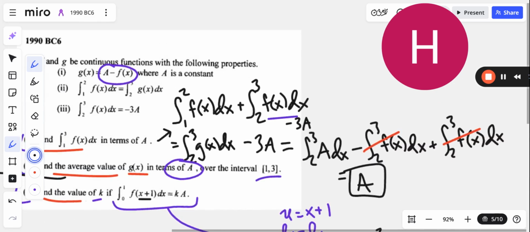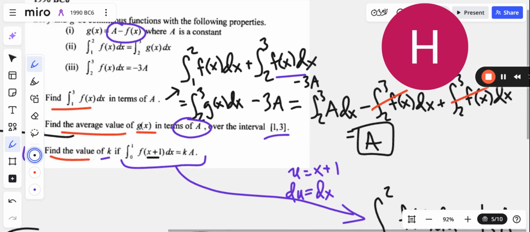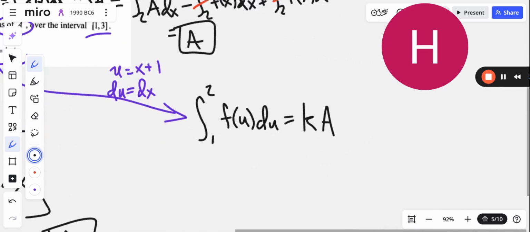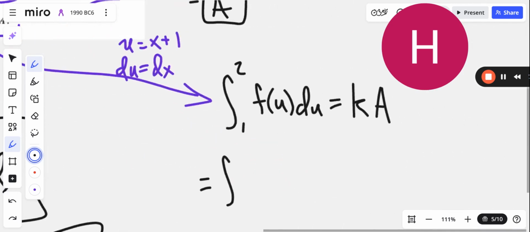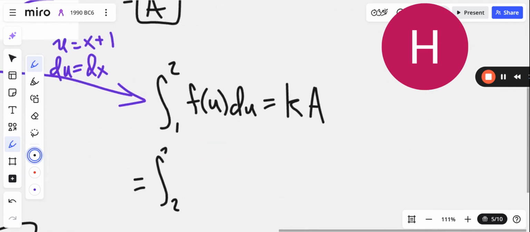So the integral from 1 to 2, this is going to be equal to, according to that second condition, the integral from 2 to 3 of g of u du. See how I'm just substituting that.